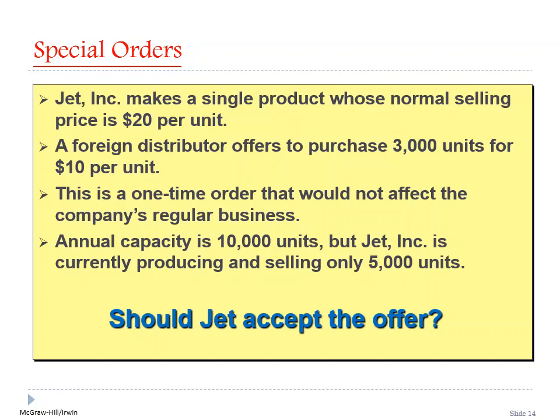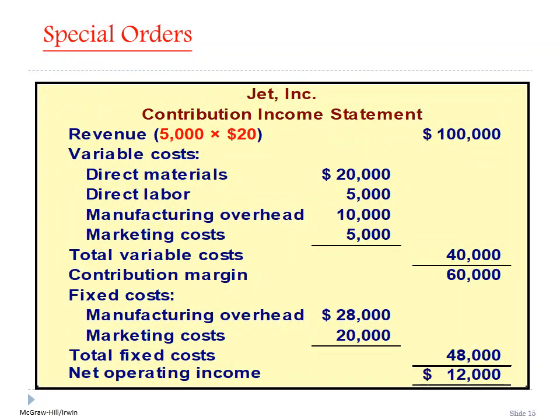طيب to make our decision we have to make some calculations that we will see in the next slide. This contribution margin income statement is given, and it shows us the income statement if the company produces its normal products, which is 5,000 units.